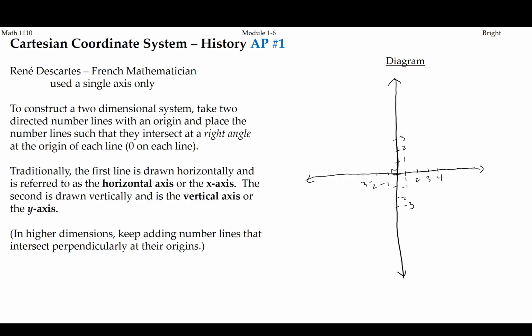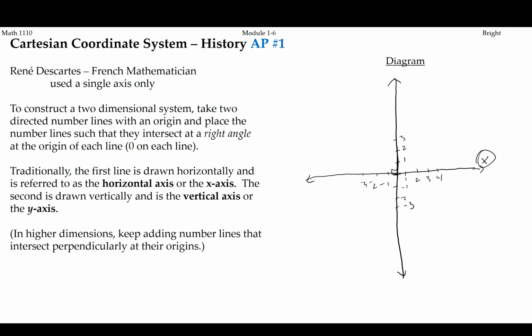And so traditionally when we draw this, and I imagine at some point you'd probably run across this, we take the first line, and that would be the horizontal axis. I actually drew them in reverse, it doesn't much matter. And so this horizontal axis would be labeled an x-axis, and we do look for you to label these axes appropriately.